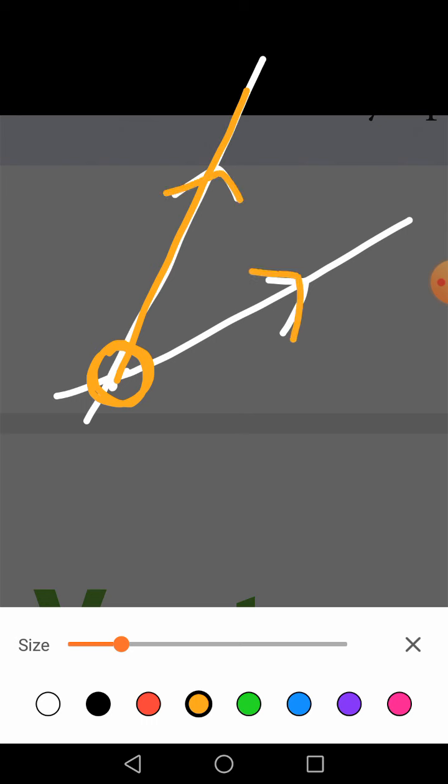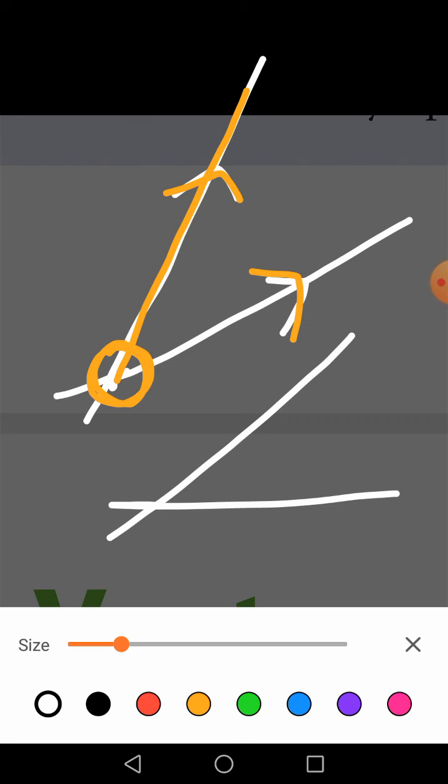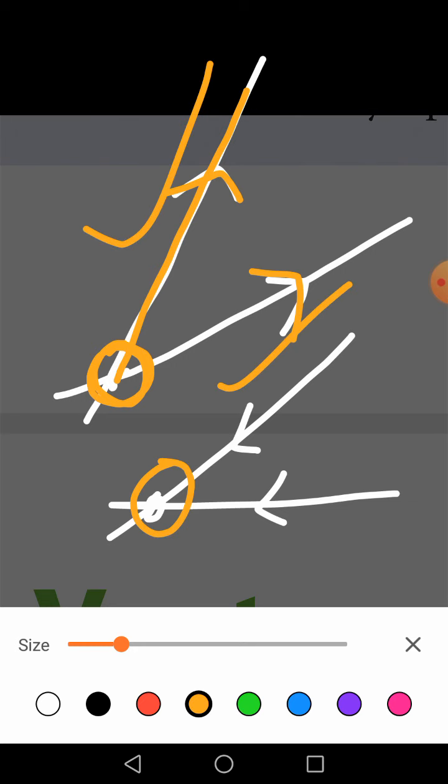Either both vectors away from a point or both vectors towards the point. The angle that you will find out will only be in that case. Okay, either this case or this case.